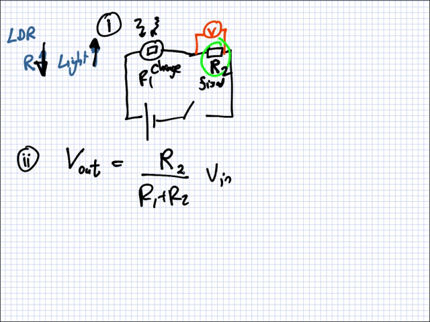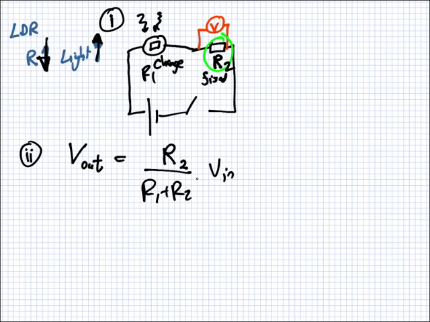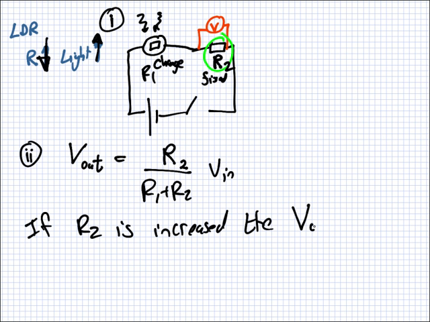So they want to know what happens if you change R2. If R2 is increased, then what will happen to V out if R2 is bigger?